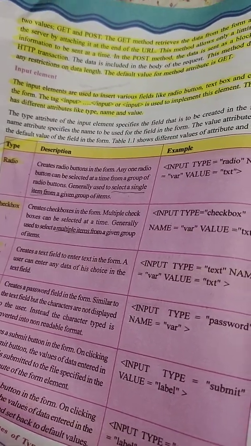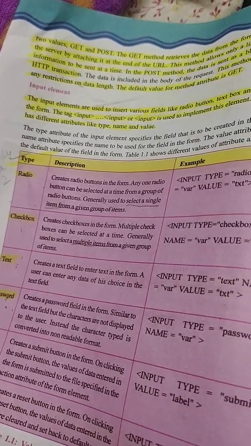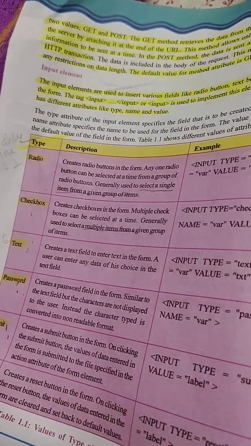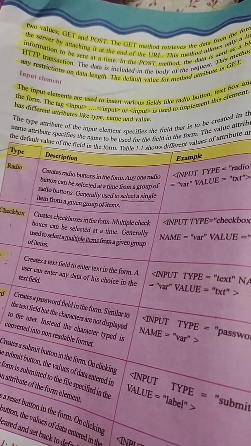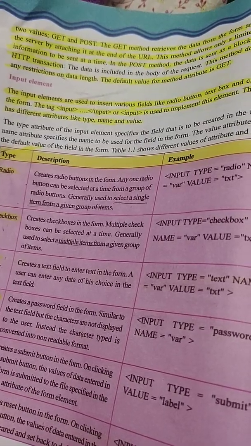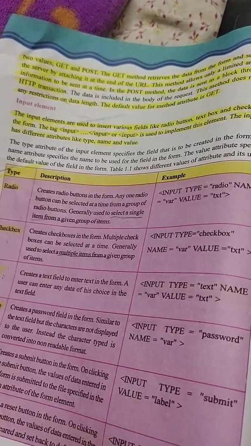Now it comes to input elements. I told you first, input is the thing which we are feeding to the computer and output is the thing which we get back. The input elements are used to insert various fields like radio button, text box and checkbox in the form.